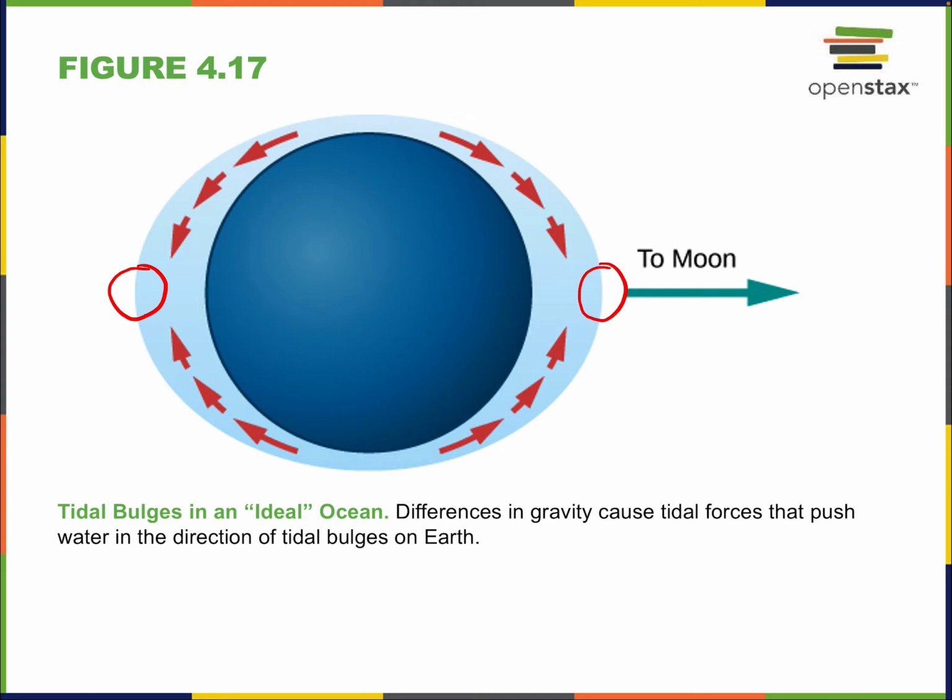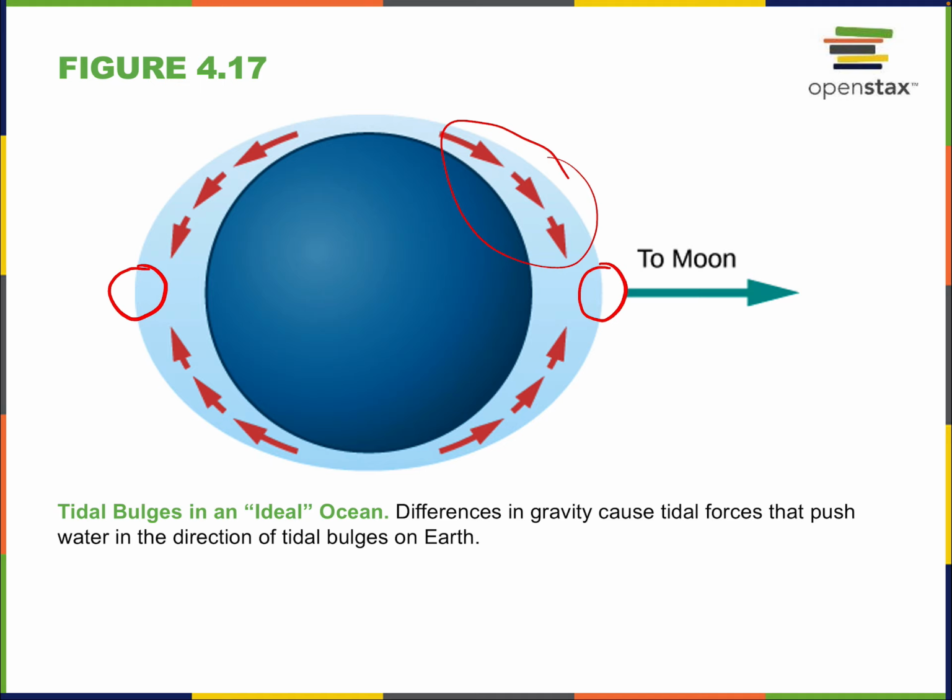We have flowing away, shown in the arrows here, towards the bulge closest to the moon, and then we have flowing towards the bulge furthest away from the moon. A combination of a fluid process with a gravitational force. Okay, that's what creates the two tidal bulges. It's a bit complicated to understand that there are two of them, but it's important to accept that there are two tidal bulges, always one closest to the moon and one on the side opposite of the moon.